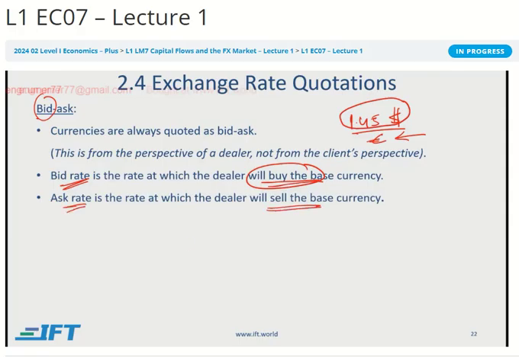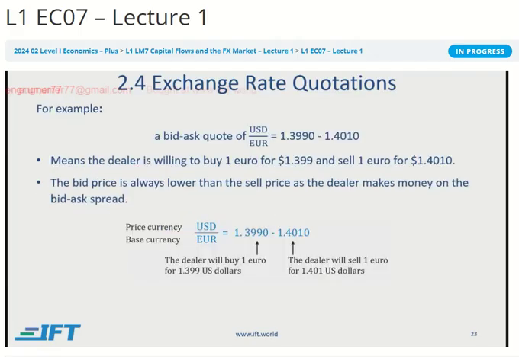So for euro, it will be something like 1.44 will be the bid, and 1.46 will be the ask, which means they will buy from you each euro for $1.44, and they will sell to you each euro at $1.46. Bid will of course always be less than the ask. Nobody wants to buy high and sell low.